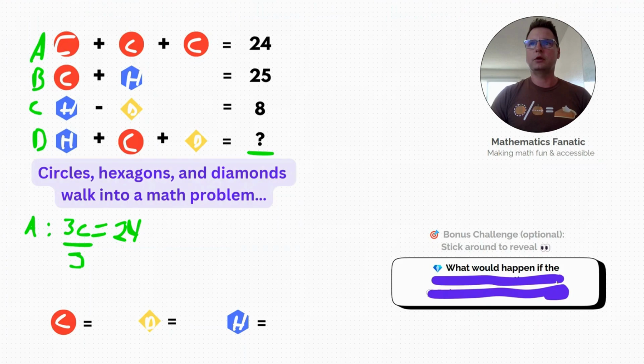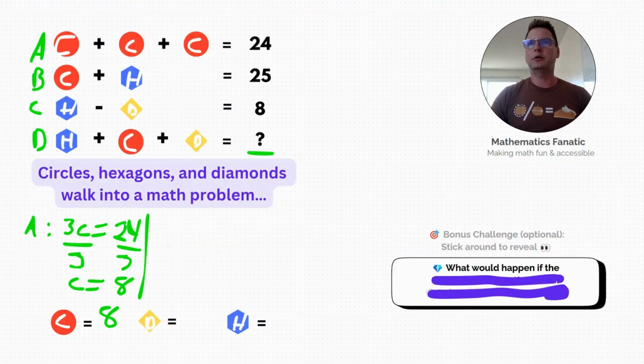And you get to do that to both sides, which means you get 24 divided by 3, which is equal to 8. Great. So the value of circle is equal to 8.